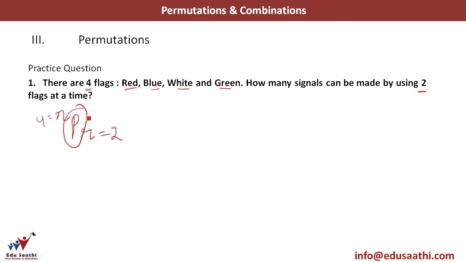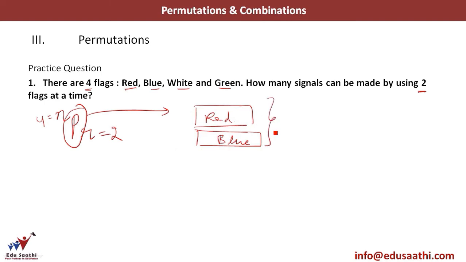Because here arrangement matters. For example, let's draw a flag here. I suppose that this is the red flag and this is the blue flag. I have to use 2 flags for a signal, so this is one signal. Now this signal is different from the one where I have a blue flag on top and a red flag on the bottom.